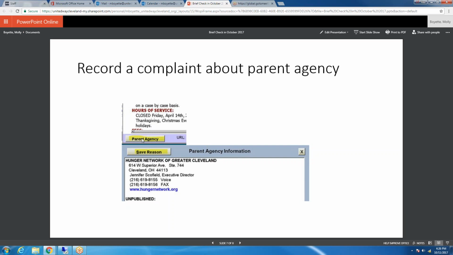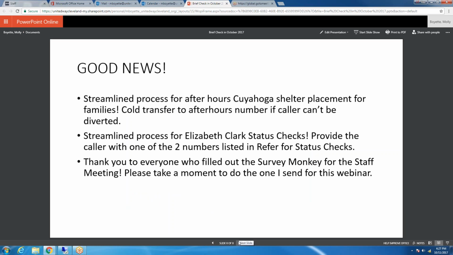I would click on the part on the lower left-hand side of the screen that says Parent Agency, and then click on Save Reason and select Complaint. So this is just directly from that email from Matt on the 28th of last month.